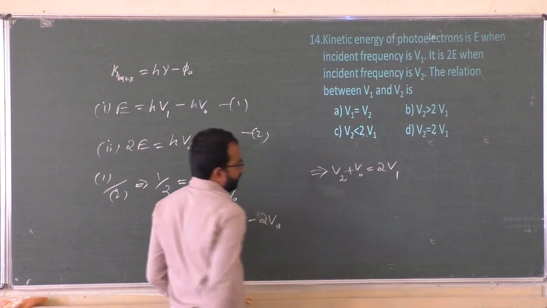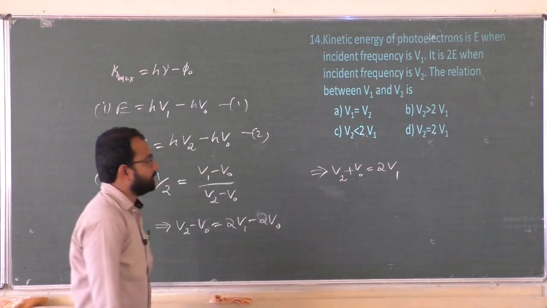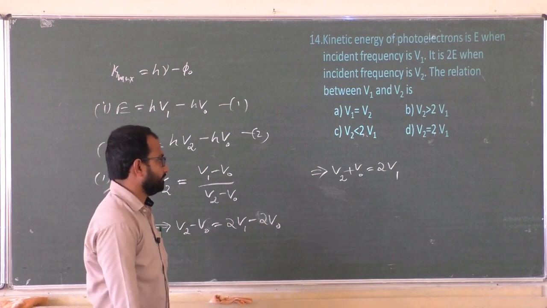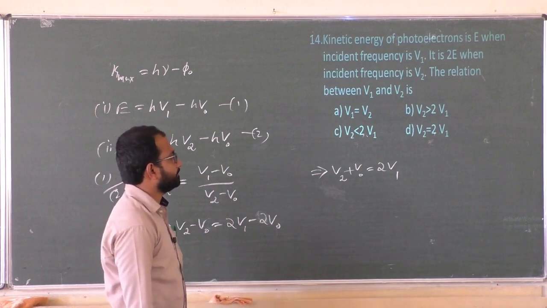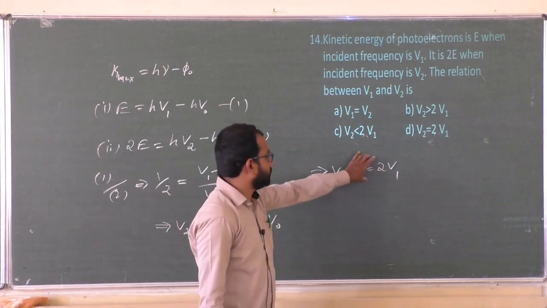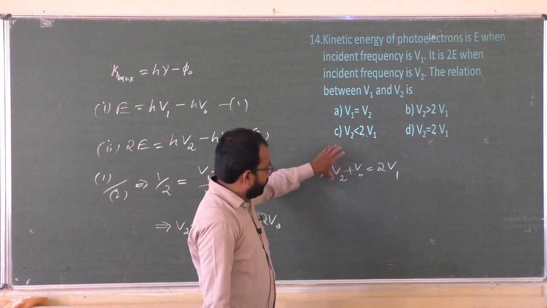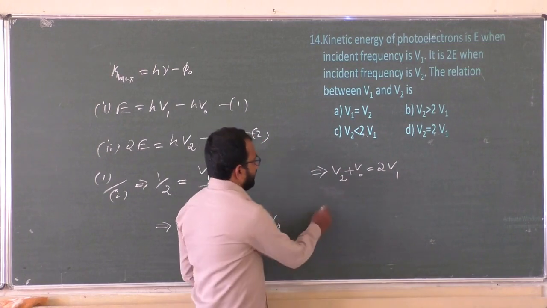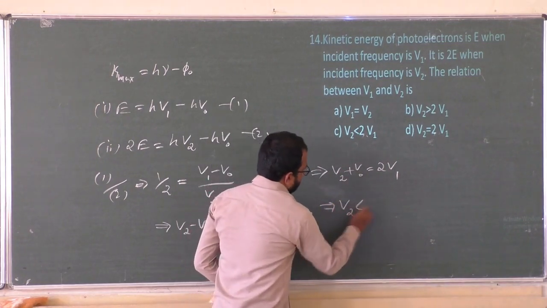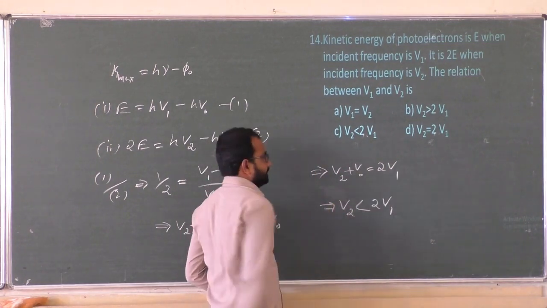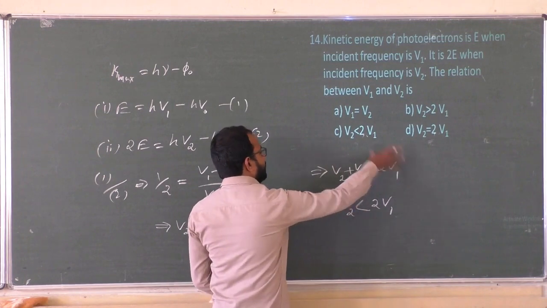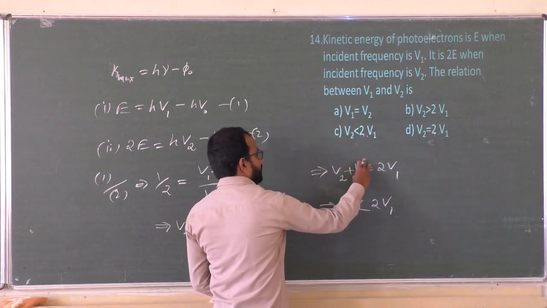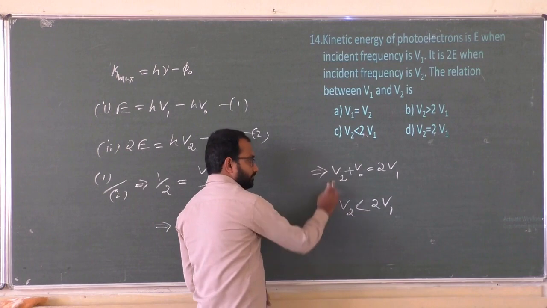Now compare. V2 plus V0 is equal to 2 times V1. If you add V0 to V2, then you will get 2 times V1. So that implies V2 is less than 2 times V1. To get 2 times V1, you have to add V0, a positive value, to V2.